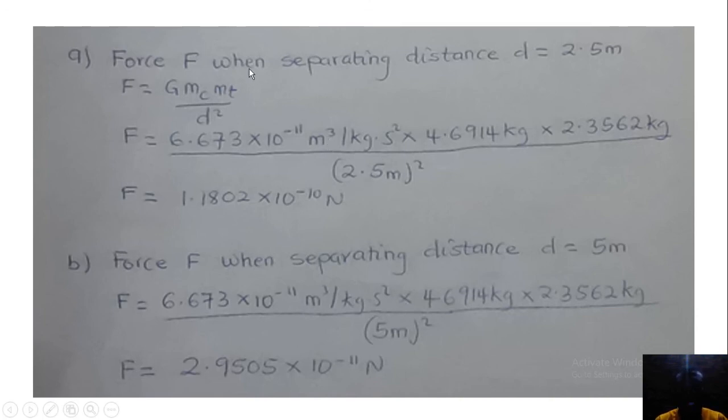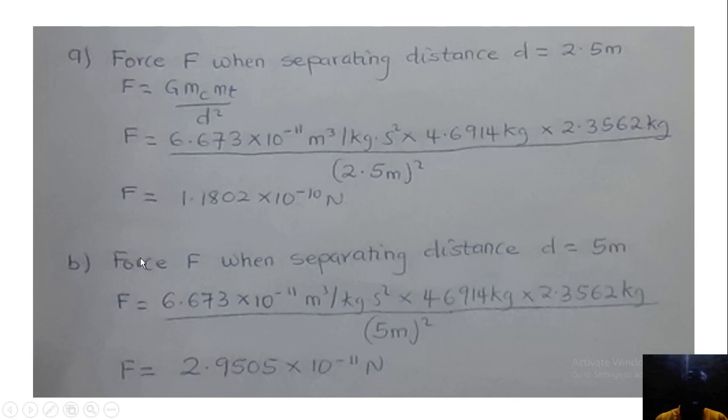In this case, we have to calculate the force F when the separating distance is 2.5 meters. So you slot in that value of d, 2.5 meters squared. And when you punch your calculator well, you should get 1.1802 times 10 exponent negative 10 Newton.